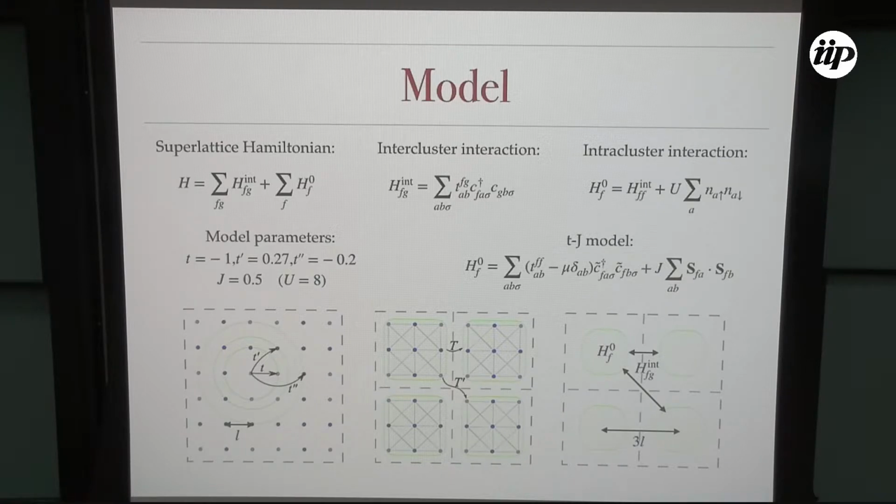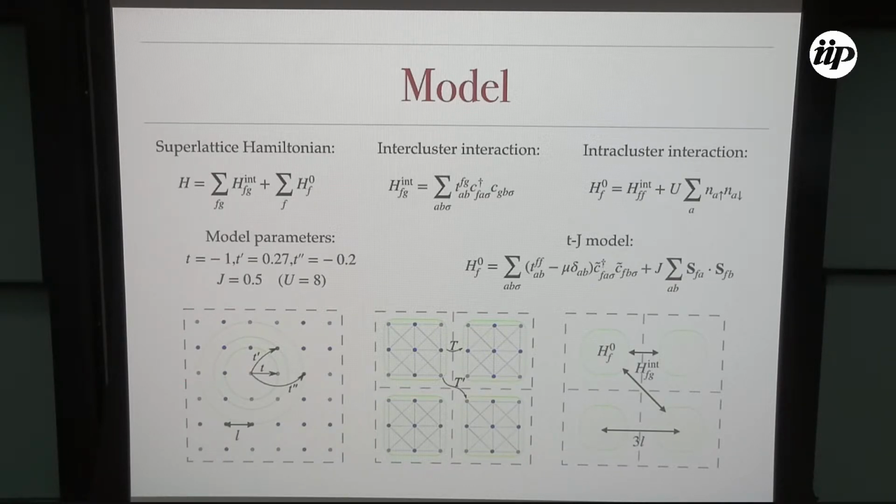Instead, we break the translation symmetry by enlarging the translation vector, which is unitary on the 2D square lattice, and we set the length of the translation vector to 3.